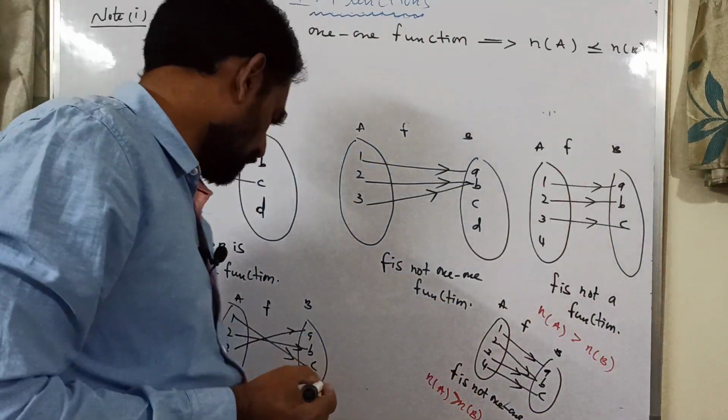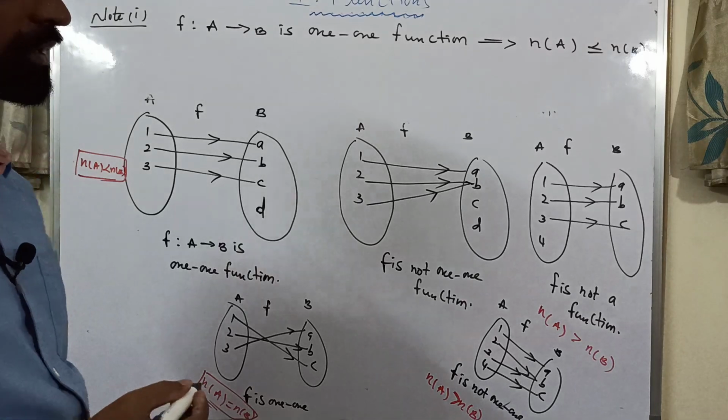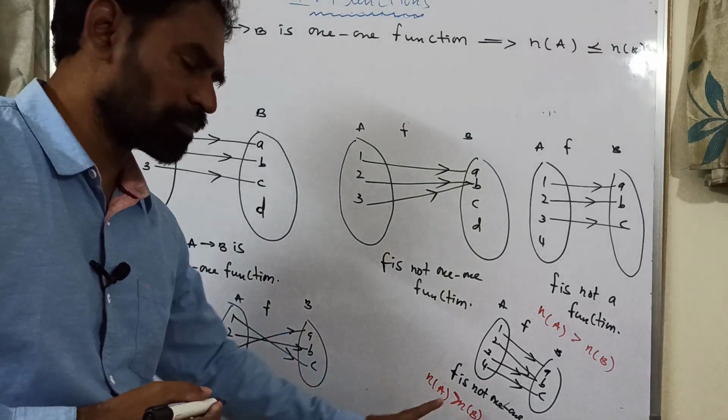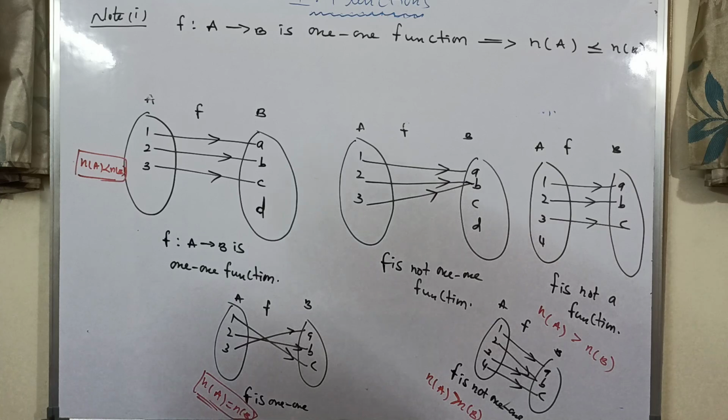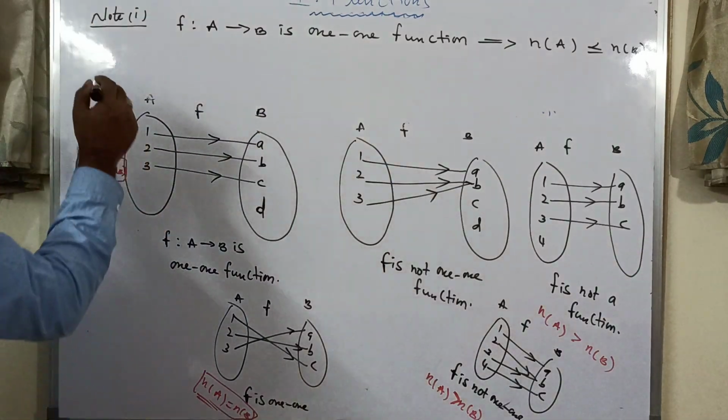Number of A equal to number of B, also f is one-one. But number of A greater than number of B, we cannot write it as a one-one function. So therefore, the number of one-one functions equals 0.